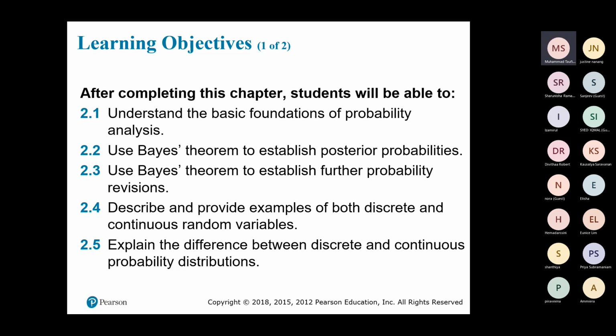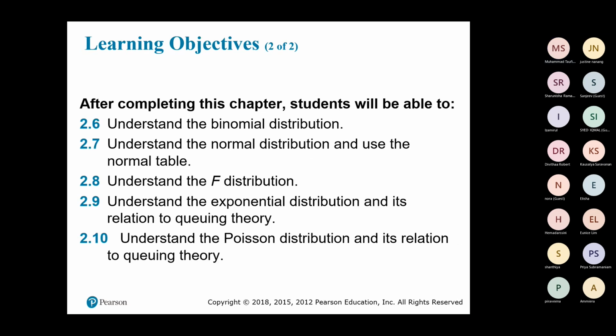Then describe and provide examples for both discrete and continuous random variables, and explain the differences between discrete and continuous probability distributions.